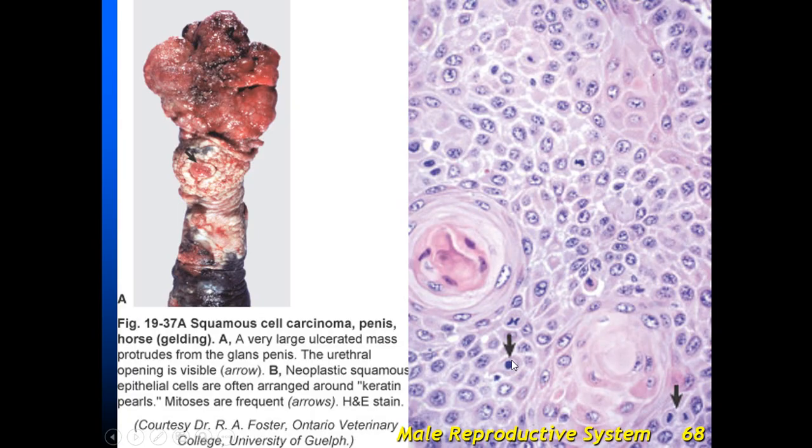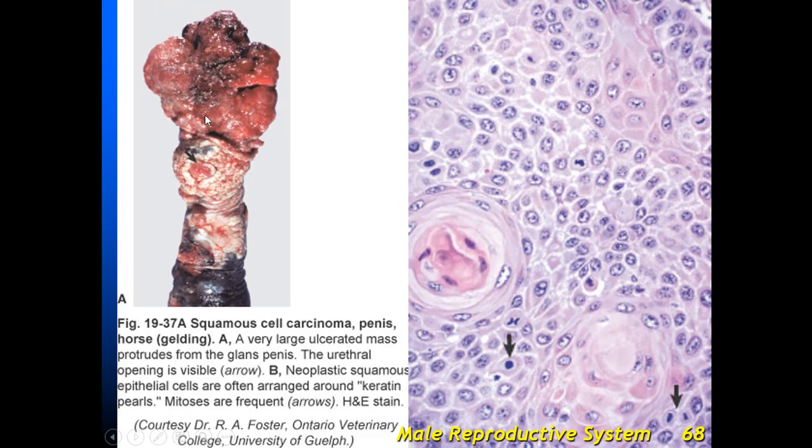It is also common for us to find mitosis here. This is mitosis, this is also mitosis, and also this one. As you can see here, the tumors are invasive. Why is it invasive? Because it can also cause hemorrhages, because it can penetrate and invade the surrounding blood vessels.